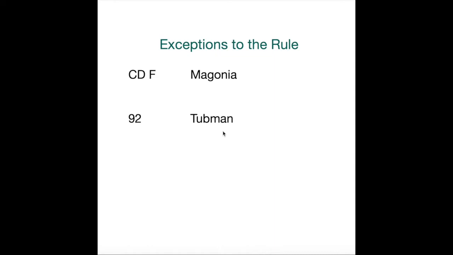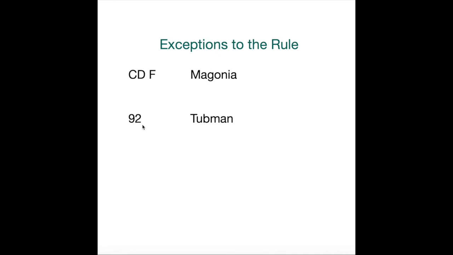When you were feeling like you knew what you were doing, there are a couple exceptions to the rules when it comes to call numbers, and they would involve two areas, at least in O'Neill's library. Anytime you see or are looking for an audiobook and it will say CD on it, it is cataloged by the title of the book.